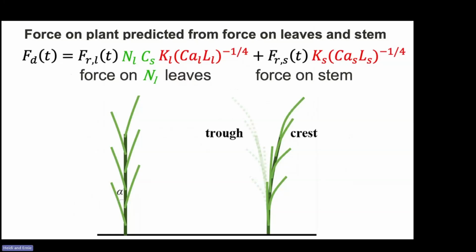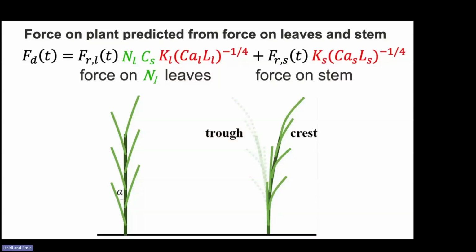We hypothesized that the force on a marsh grass can be modeled as the sum of forces on the central stem and on the multiple leaves, each of which will reconfigure. The stem and the leaves have different morphology and rigidity, but both obey the scaling law with CaL. So the rightmost term is the force on the stem, which is assumed to be cylindrical.